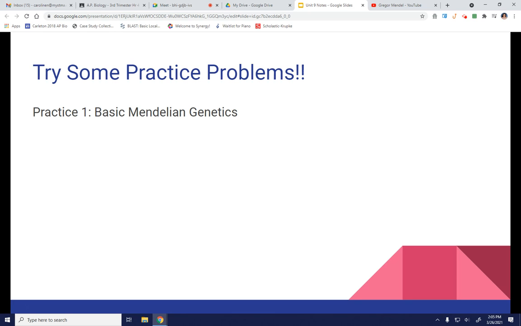On today's classroom post, there's a PDF with some genetics practice problems, all of which are just basic Punnett square questions, except the very last one, which starts looking at what we're going to do Monday. So consider that one an extra challenge. There's also an answer key linked online. These are not assigned as homework, and I'm not going to collect and grade them, but you should be comfortable with doing Punnett square problems, especially these really basic ones.